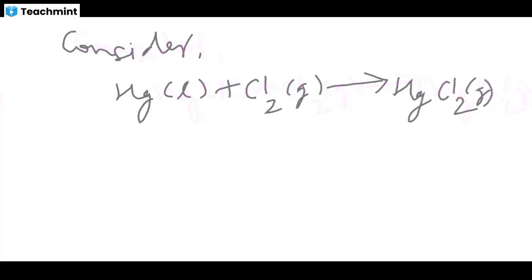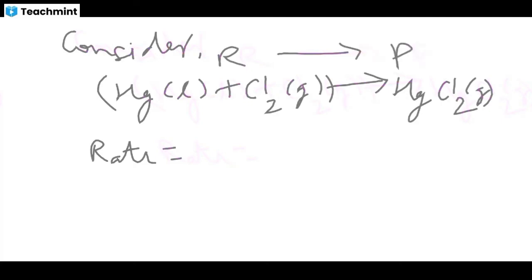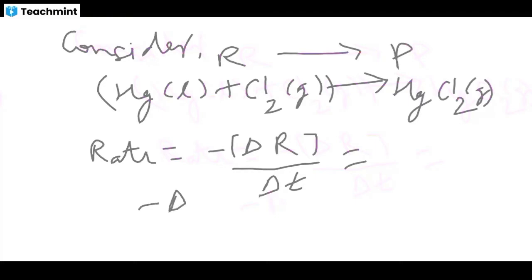We have decided that we put the concentration in the numerator and time in the denominator. This is the reactant and this is the product. For the reactant we use minus del R upon del T, so for this reaction it will be minus del Hg upon del T.